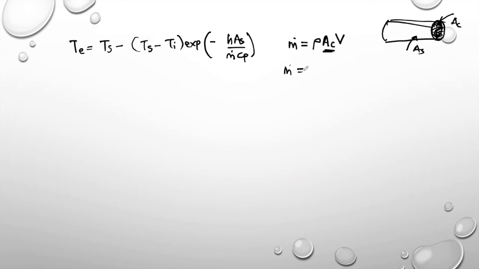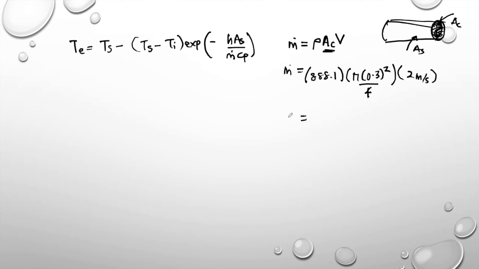So you have to calculate Ac, which is pi d squared over 4. So substitute. Your rho is 8.1 times pi times 0.3 squared over 4, and then times velocity, which is 2 meter per second.